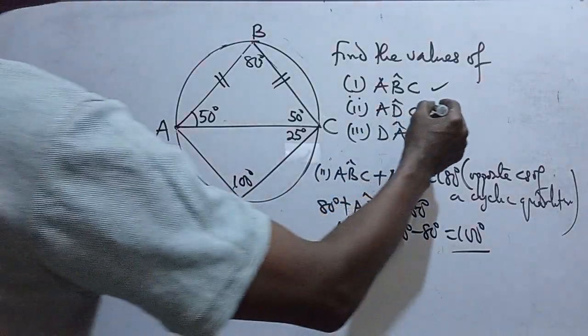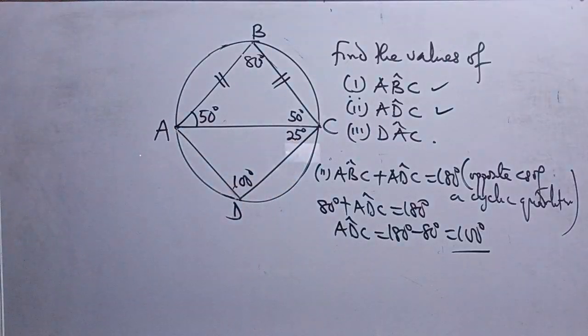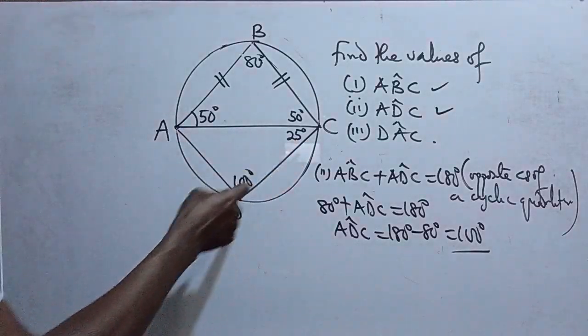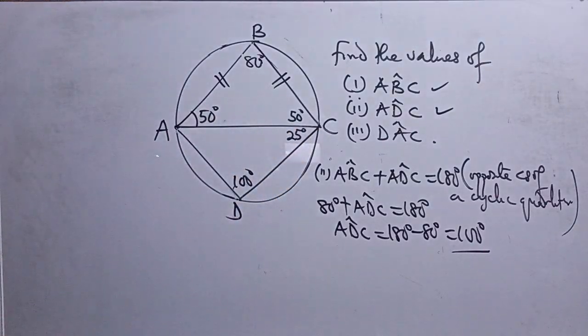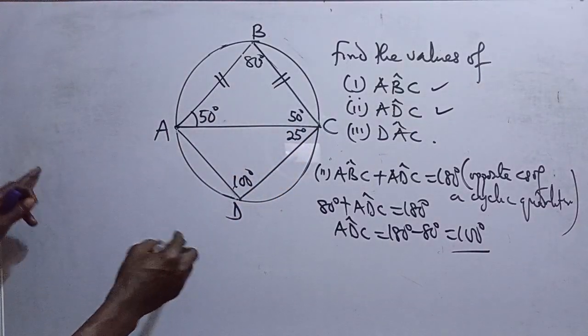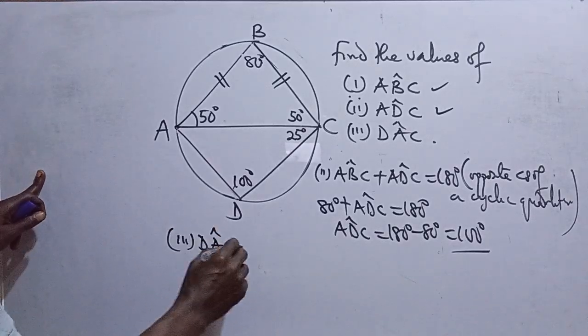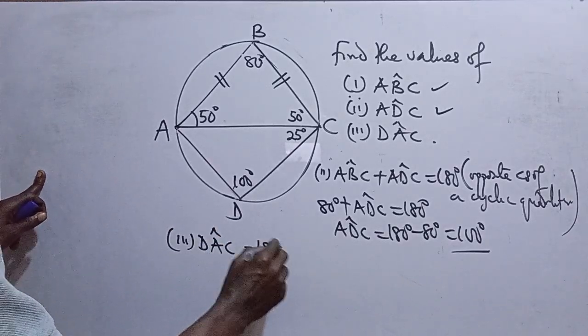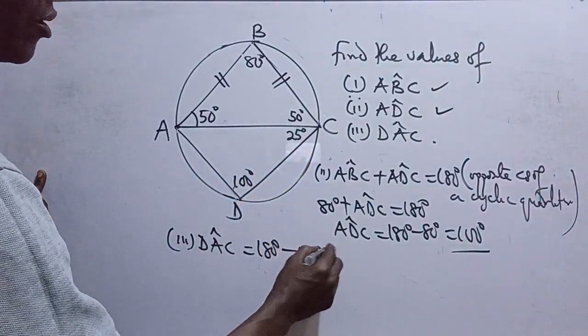Now we are done with the second one. The third one, DAC. This is easy. How? Because DAC is in a triangle, and the sum of angles in a triangle is 180 degrees. Therefore, the third one, DAC, without wasting our time, would be 180 degrees minus 25 plus 100, that is 100 plus 25.